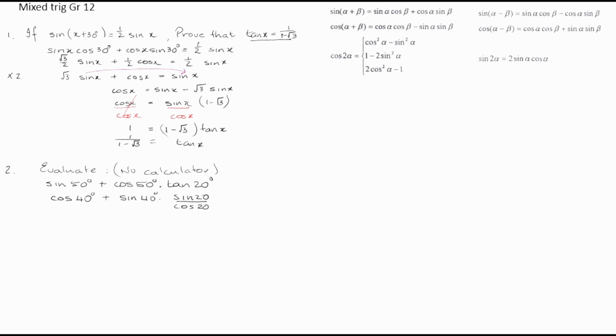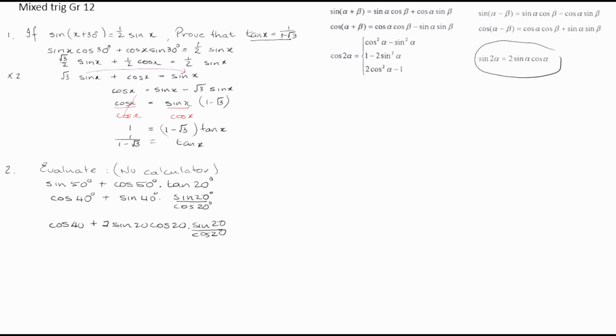Right. Now, sine of 40, I'm going to use this sine formula, and that will give me cos of 40 plus sine of 40 is 2 sine 20 cos 20 times by sine 20 on cos 20.